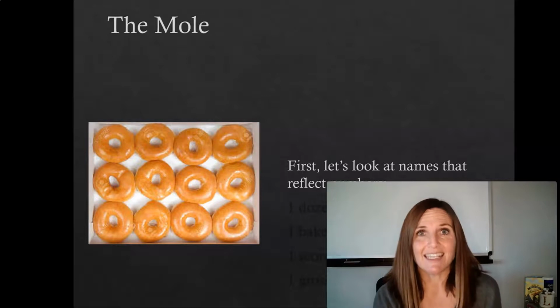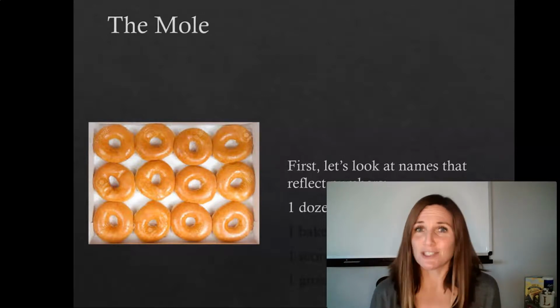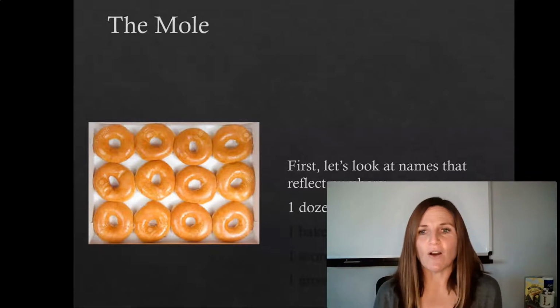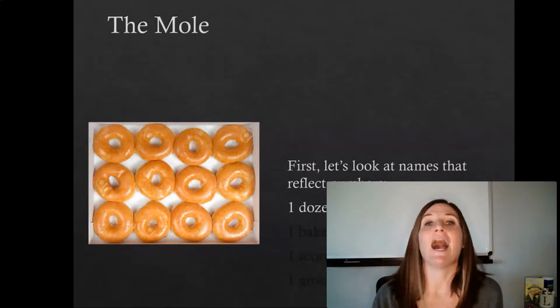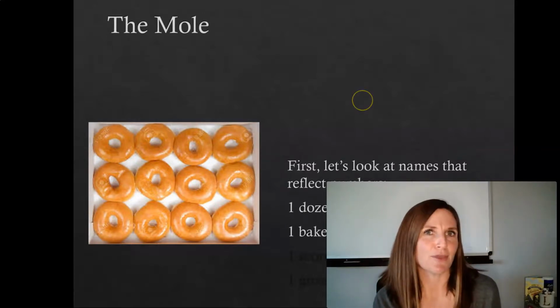A dozen is a word that reflects a number. You know that number, it's 12. If I said, oh, I have a dozen eggs for you, you would know exactly how many eggs I had for you. A baker's dozen is 13.